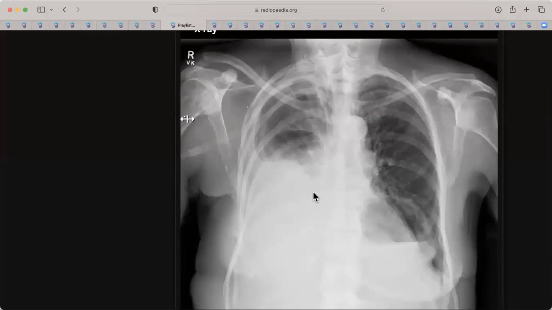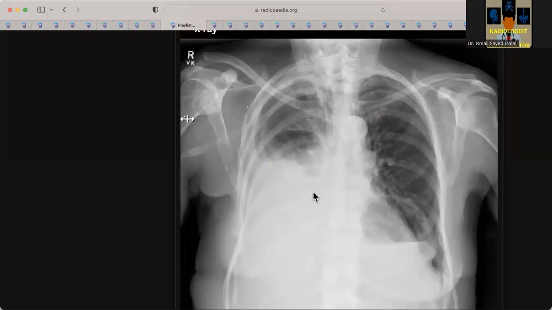I have been presented with a frontal radiograph for an adult patient. The main finding I can see is elevation of the right hemidiaphragm. Looking at the left hemidiaphragm, it also appears elevated. There is no pleural effusion.